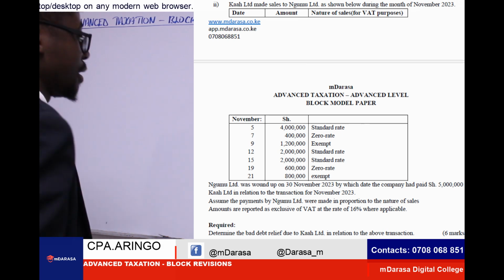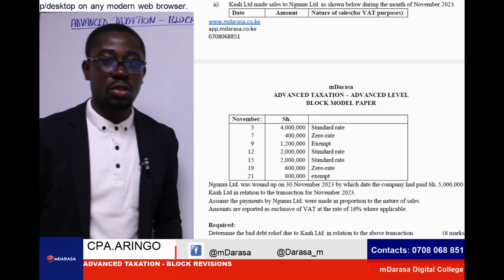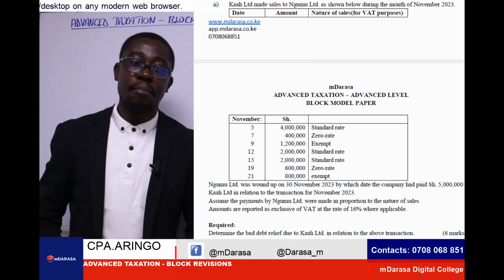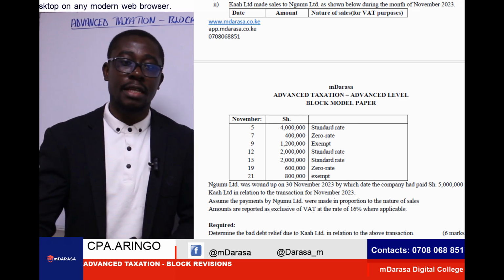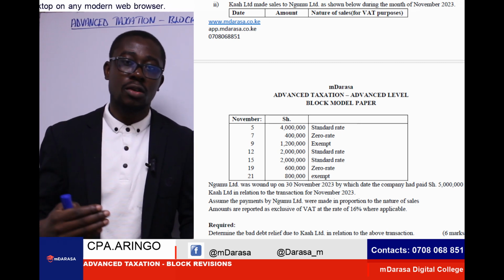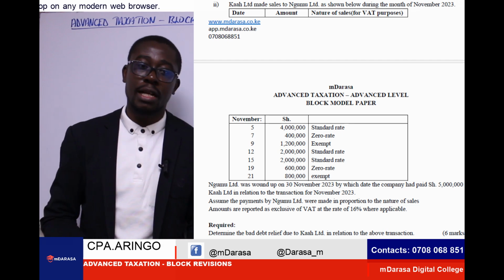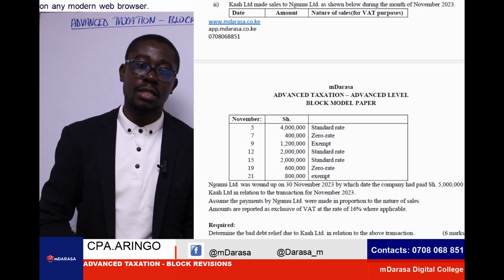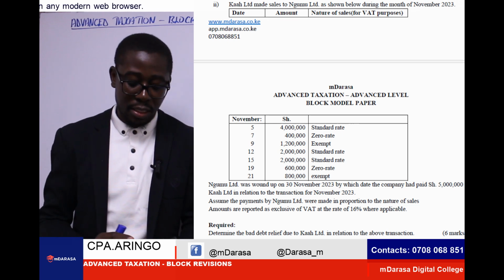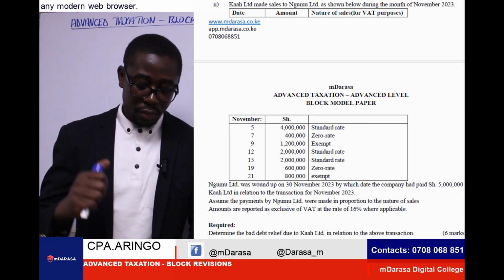So the first case, whenever you are given such a question, you can see the part where we have a mixture of exempt and taxable supplies. There are those that will be subjected to VAT, and those that are not going to be subjected to VAT.